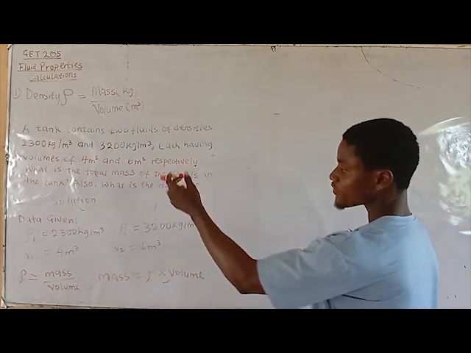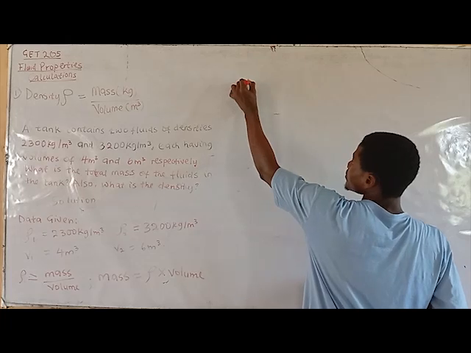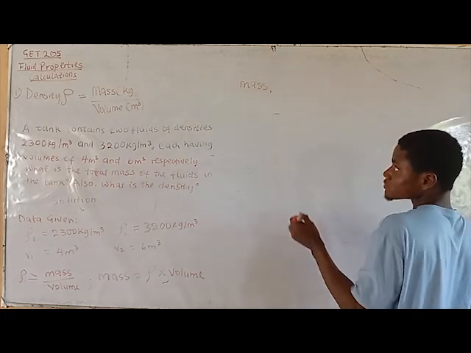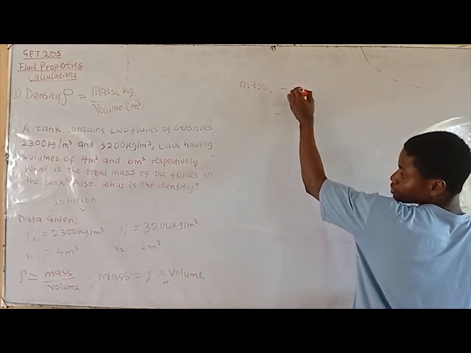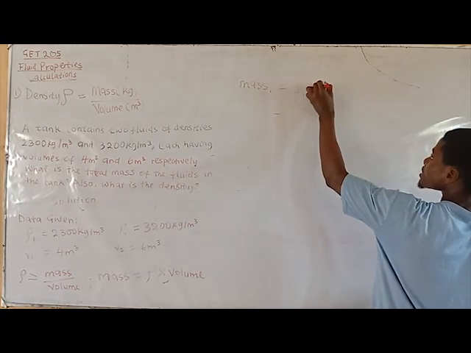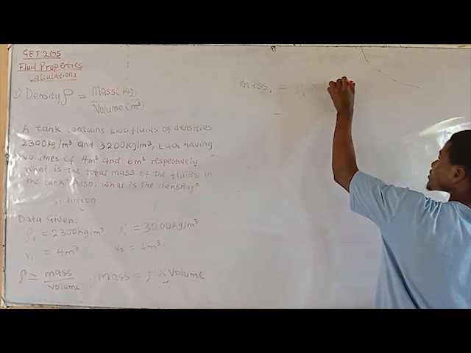So let's take the first mass, mass 1 equals density 1 times volume 1, right?